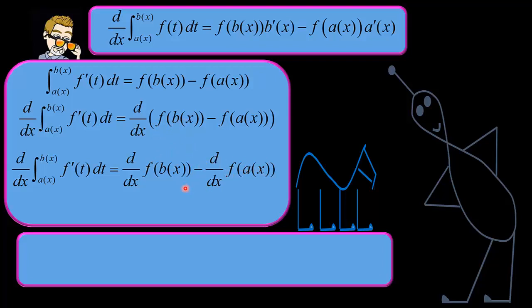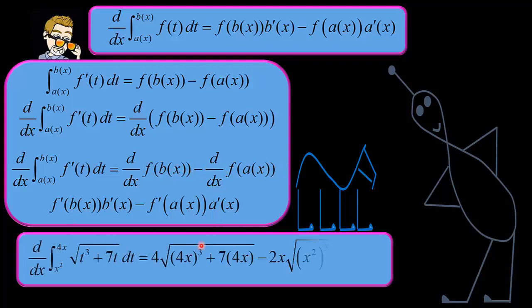Now, the chain rule is at work here. So we're going to take the derivative of the outside times the derivative of the inside. F prime of b of x times b prime of x. That's what's going to be this. Minus f prime of a of x times a prime of x. So it's going to be like this, right? See? Because I'm just differentiating, just using the chain rule.